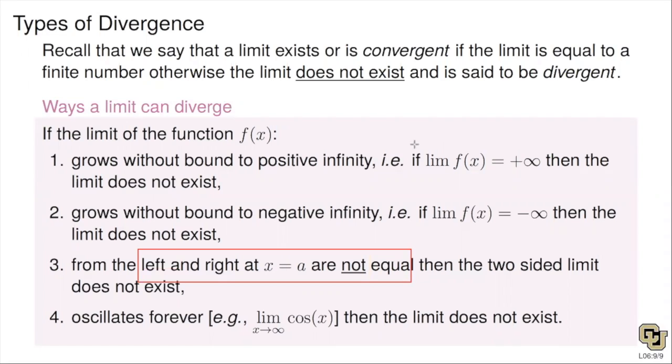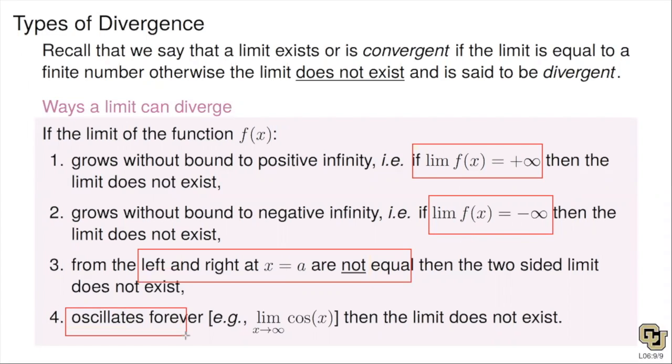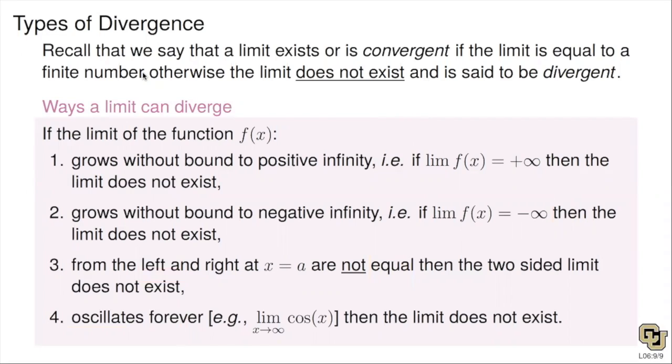But certainly if the limit blows up, that's also a way it cannot exist. Or if it oscillates forever. Limits are extremely important because they come back in a big way in Calc 2, so we really need to make sure we get our limits down.